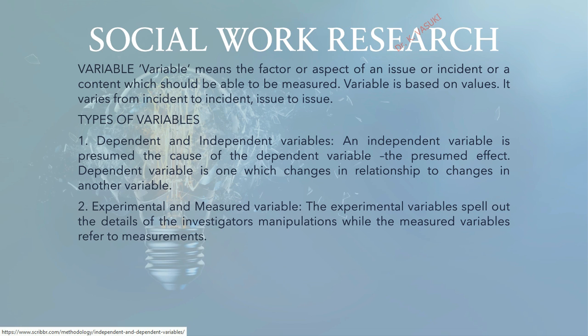The experimental variable is what you are testing; it is testable. We are going to test it and out of it we get some result. That is called the measured variable.